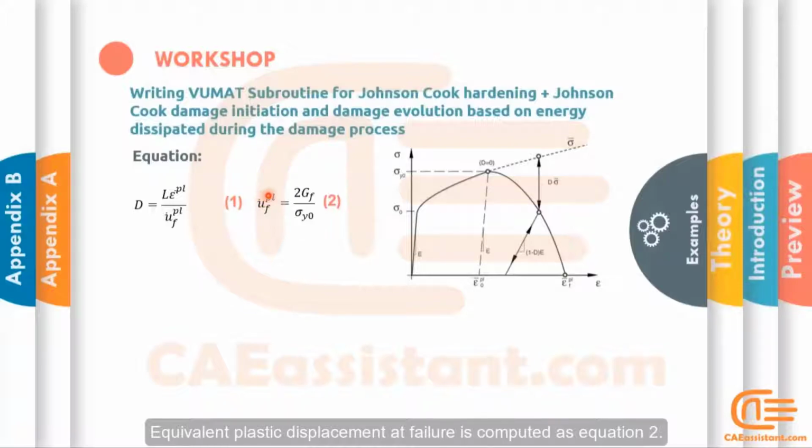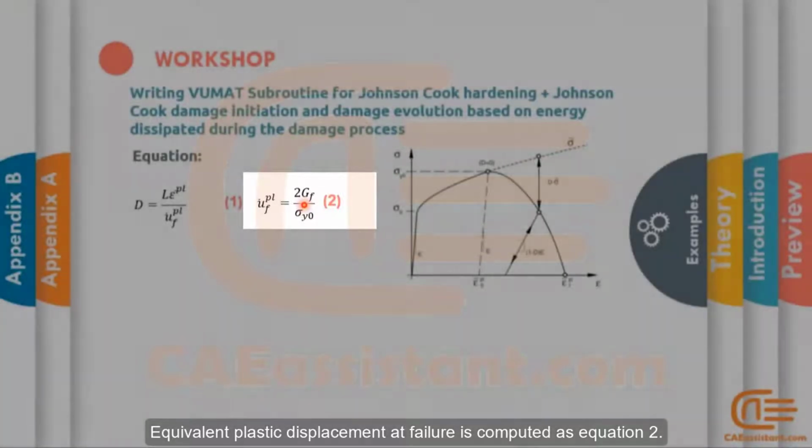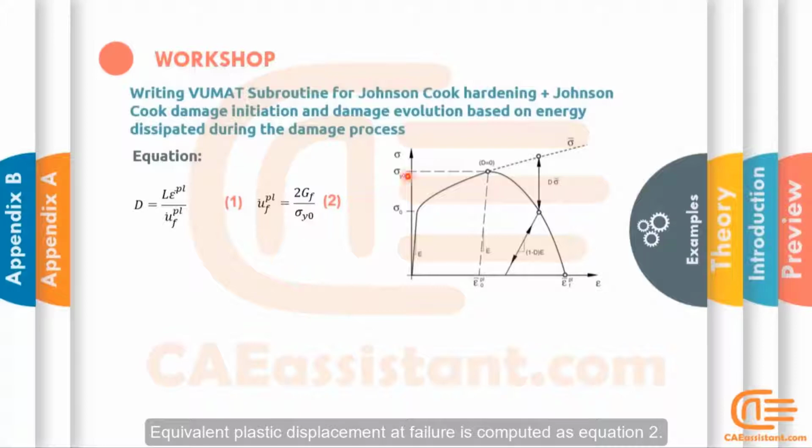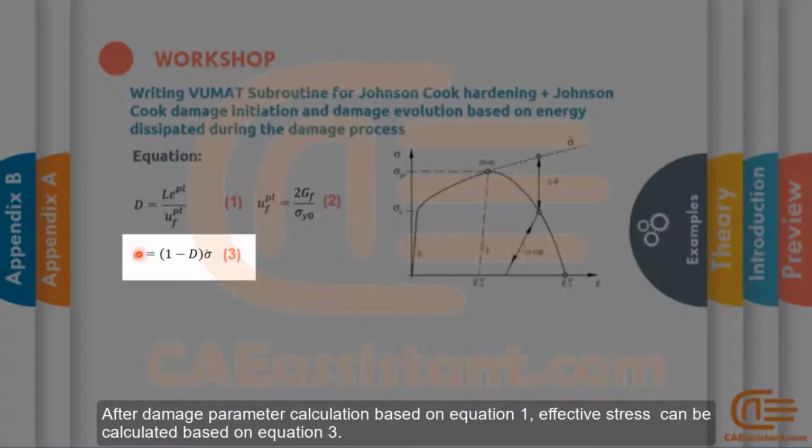Equivalent plastic displacement at failure is computed as equation number 2. After damage parameter calculation based on equation 1, effective stress can be calculated based on equation number 3.